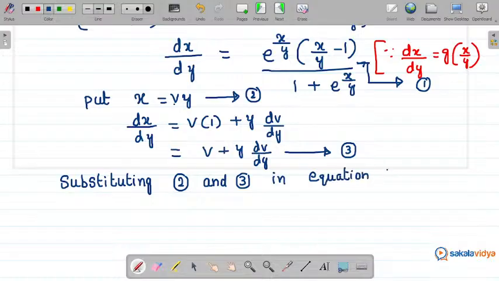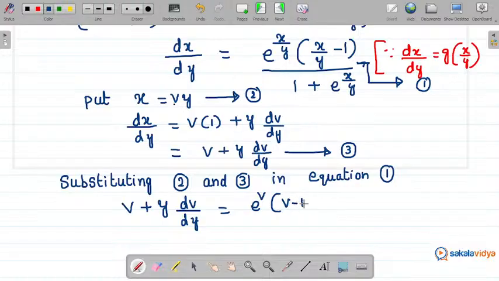What do we get? In the place of dx by dy, we write v plus y dv by dy is equal to, in the place of x write vy, y gets cancelled, e to the power of v into v minus 1, divided by 1 plus e to the power of v.